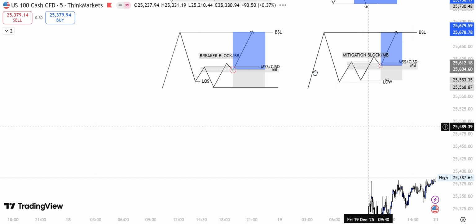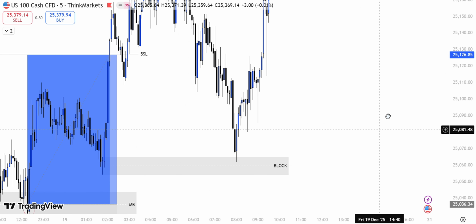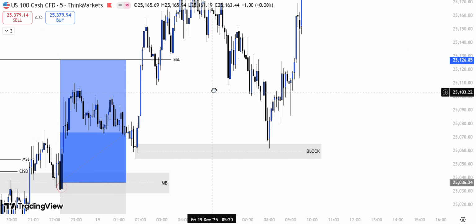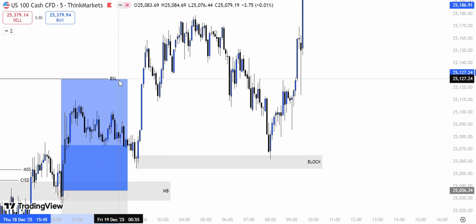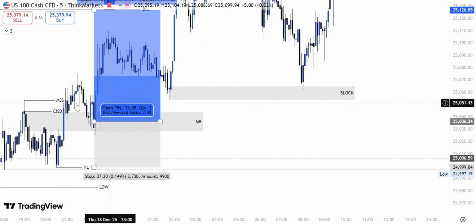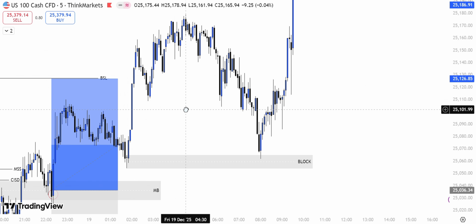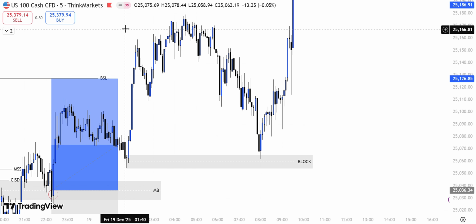Now, let's look at some examples here in the charts. Let's start off with what a block is. Let me rearrange things, because as you can see, these happen very frequently, and we have a mitigation block example right here. But the block is the last candle before the impulsive move up.